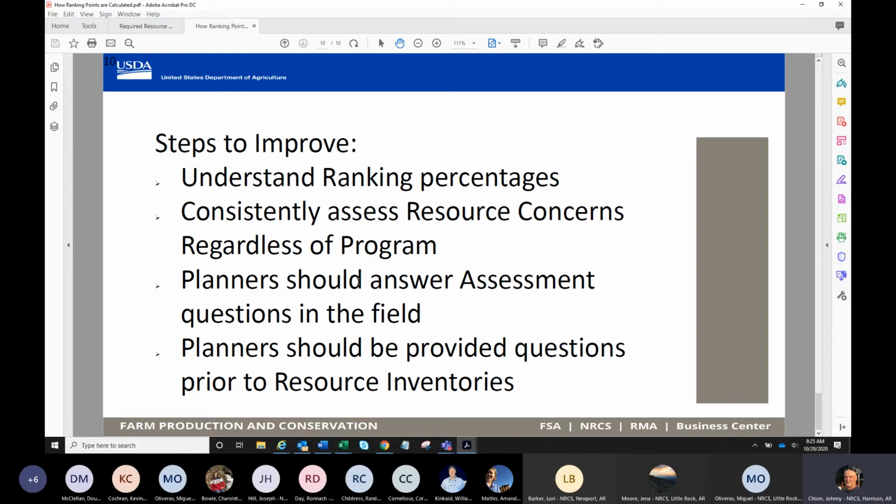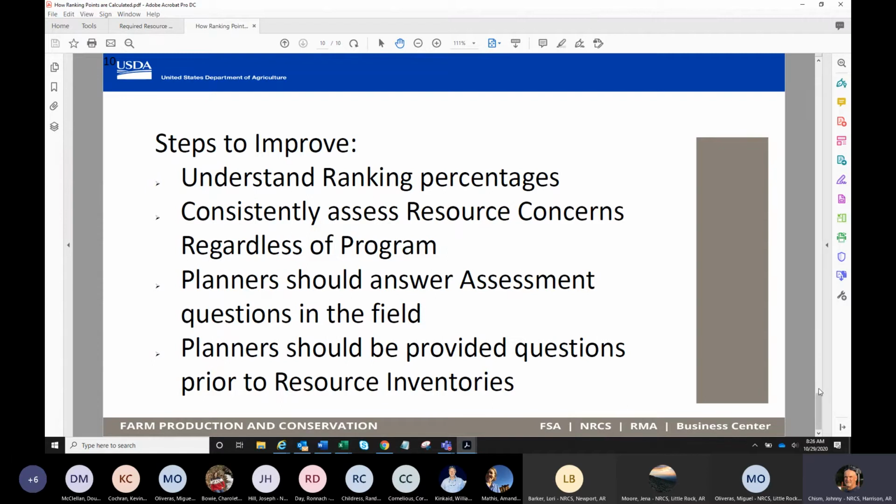So hopefully the planners should take these lists of questions to the field and answer those questions as they're in the field when they're doing their resource inventory as part of the planning process, not necessarily as part of the program process. So I think the more that we can get planners to answer those questions while they're out there in the field, the more consistent that will be. And of course, they should be provided those questions prior to the resource inventory.